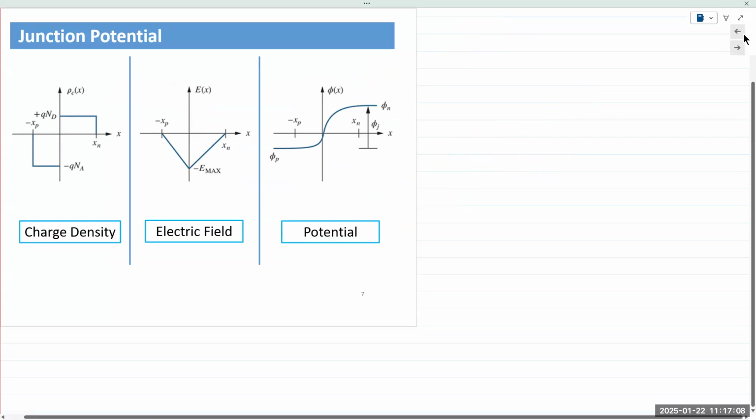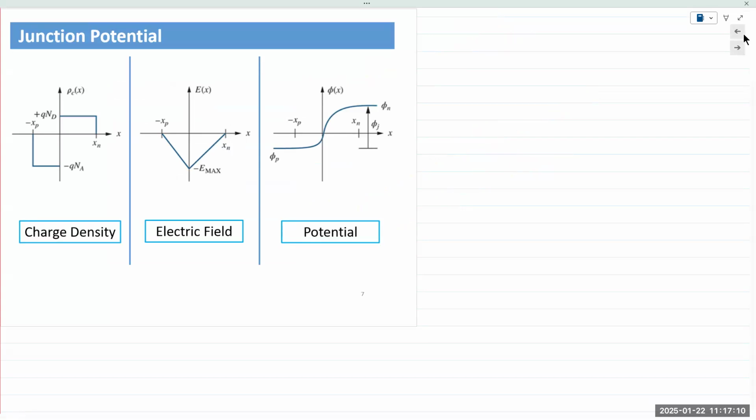If you graph this, if you plot the charge density, this is the n-type material, this is the p-type material. If you plot the density of charges, it would extend deep into both the n-type and p-type.